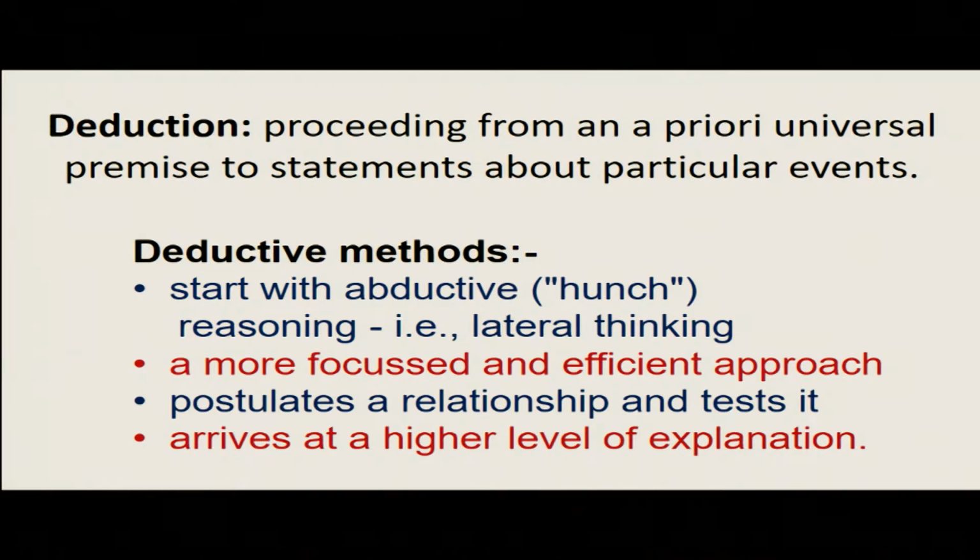Now, when you do deductive work, you can do it either informally, in which you simply state a proposition, which is your hunch or hypothesis, and go out to find whether it's true or whether it needs to be rejected.